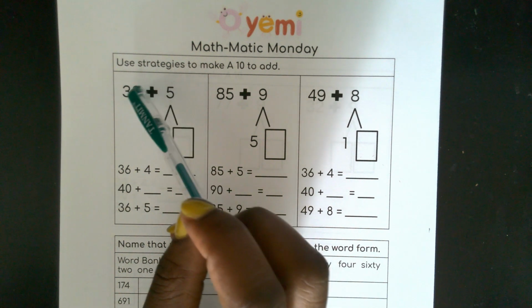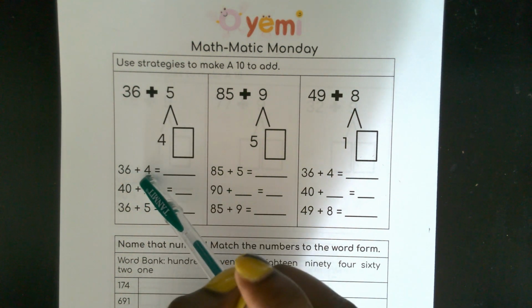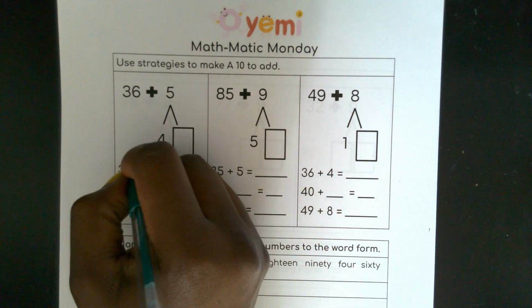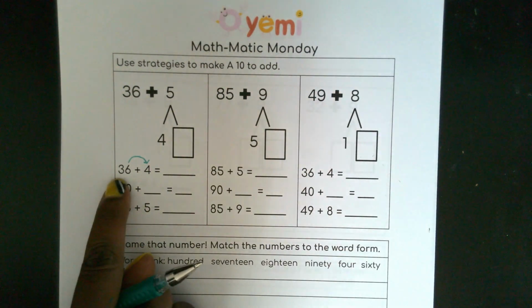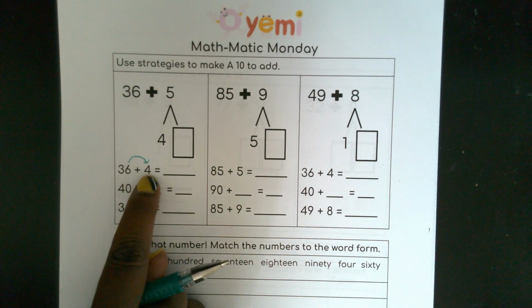So 36 plus 4 more will give me the next 10, because 6 plus 4 is 10. And here I already have a 10, and there's 3 10s for 30. So 30 and then another 10 would make how much?